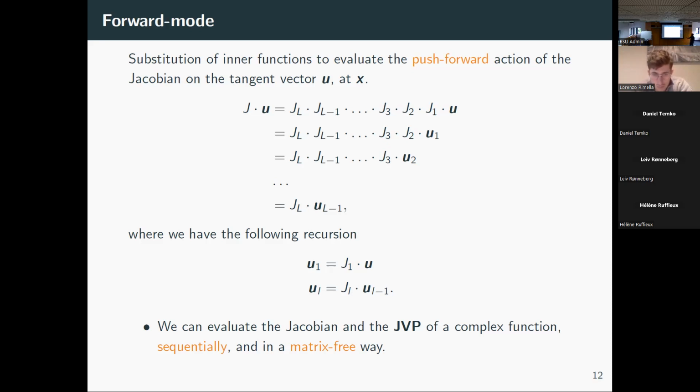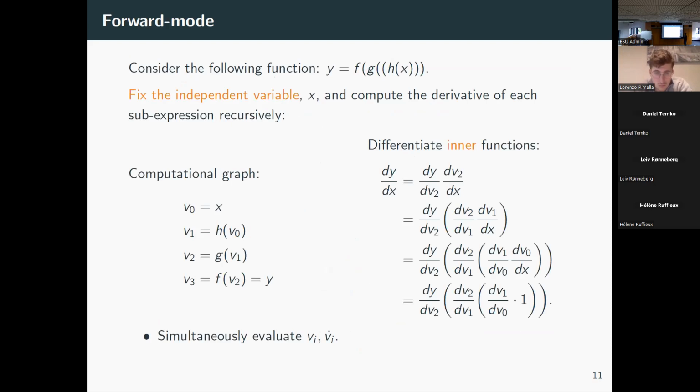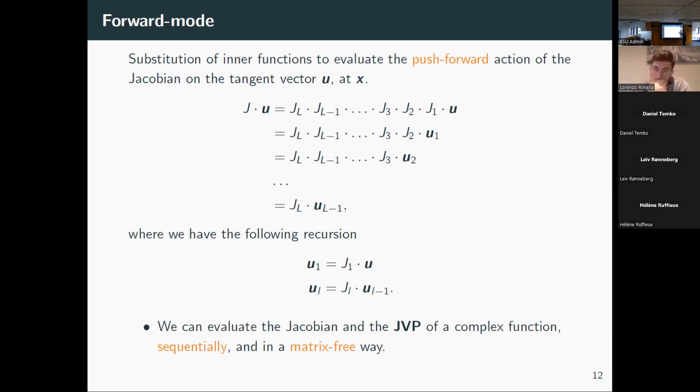So you write your computer code in such a way that it calculates your actual function value, that is, the intermediate graph output. For example, your first function is h, you write code to calculate it, but simultaneously, because you know the function, you can write its action, its Jacobian times whatever comes in as input, analytically. So you do not need to form these matrices.